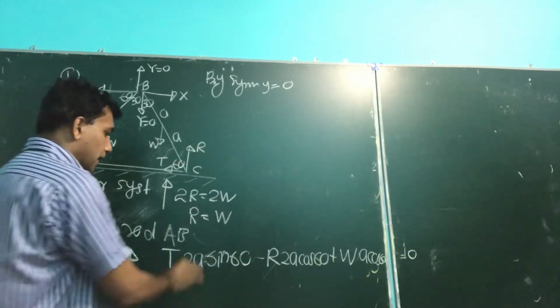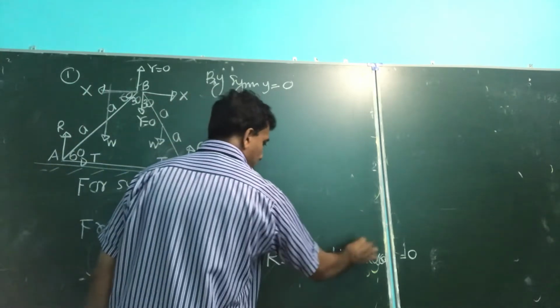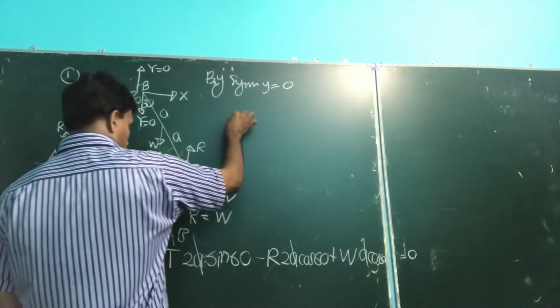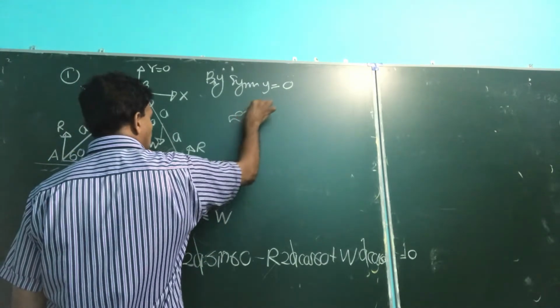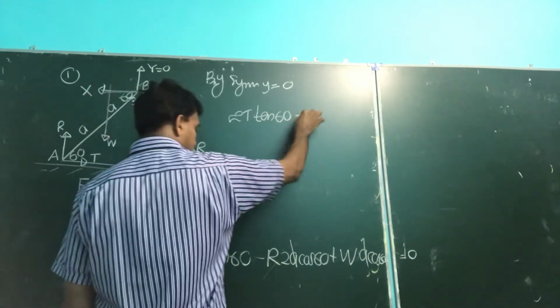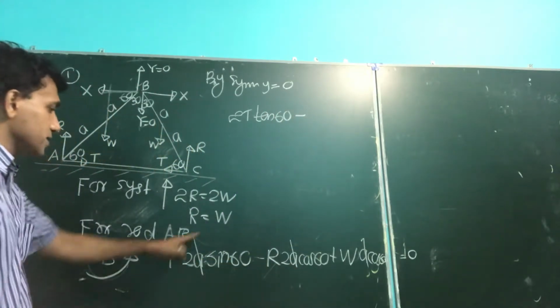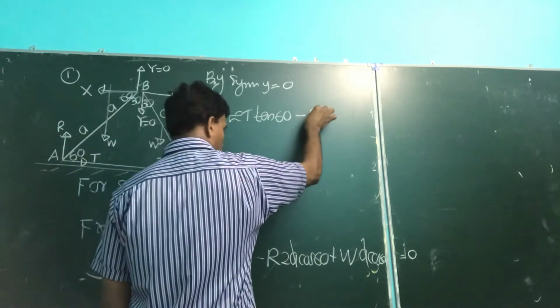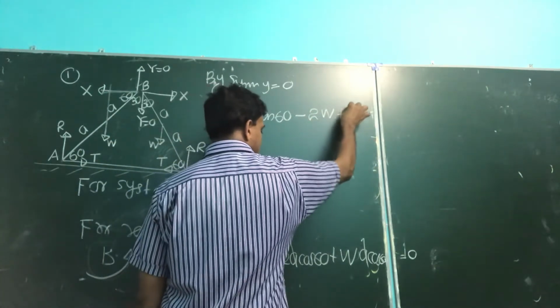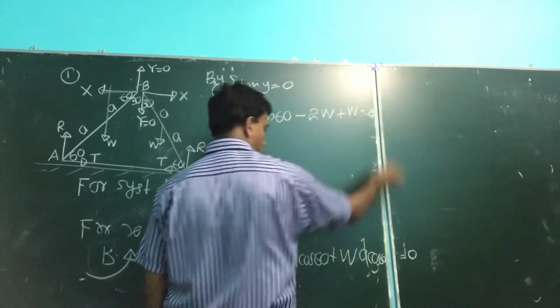Divide by a, cancel a, and divide everything by cos 60. Then you have 2T tan 60 minus R, which is W, so 2W divided by cos 60, okay, plus W equal to 0.